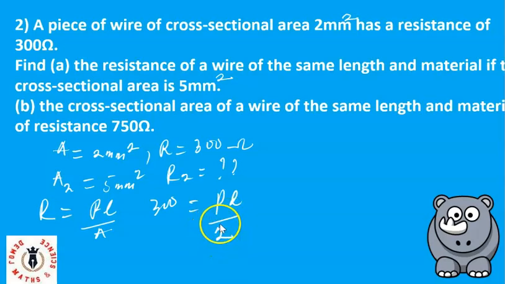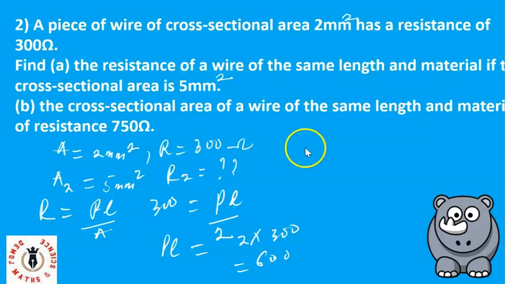In this case, we're working with a material of the same length, so we could put both length and resistivity together. So rho times length is the same thing as 2 times 300. That equals 600.